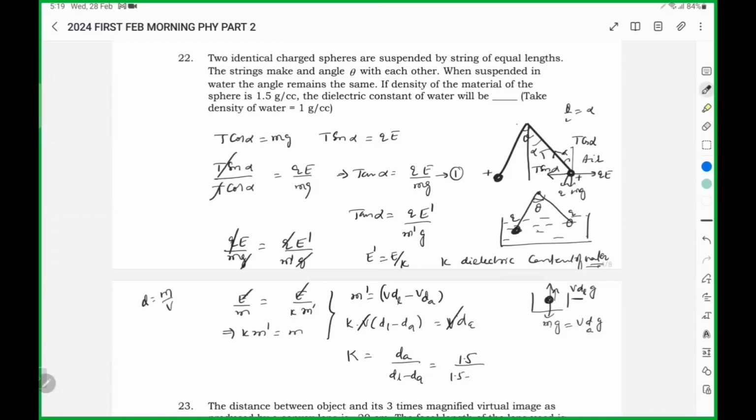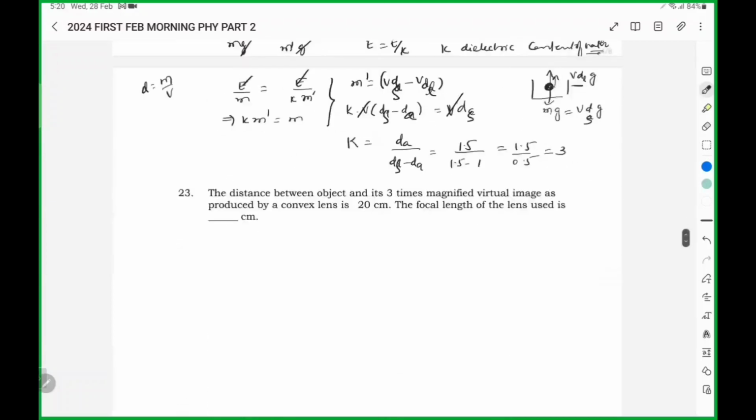This is density of sphere, V times density of sphere minus density of liquid. Here it is ds minus, right, this is ds 1.5, that is 1.5 by 0.5. So dielectric constant is 3.